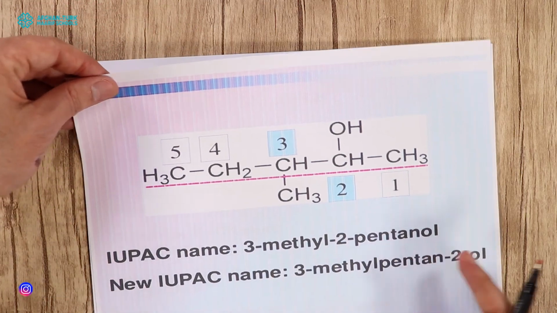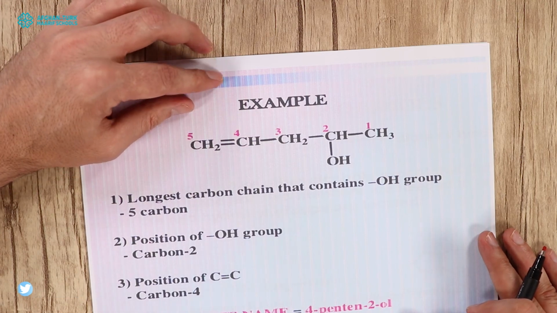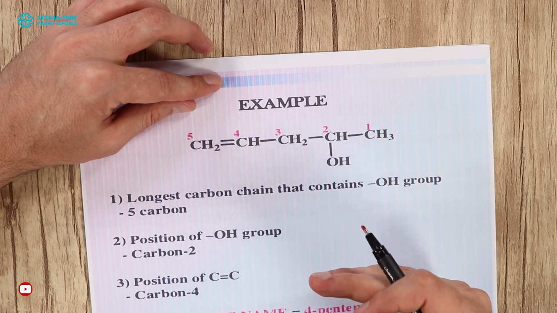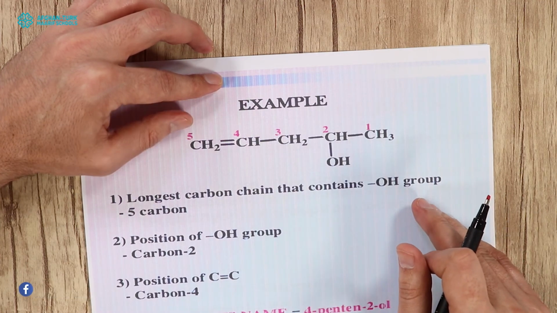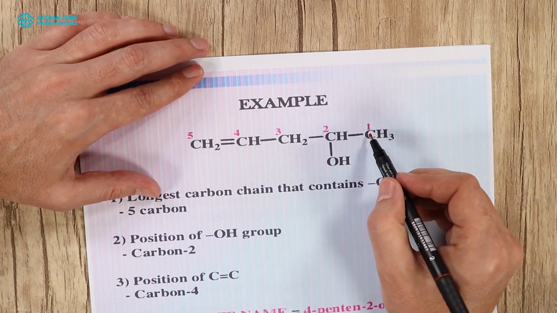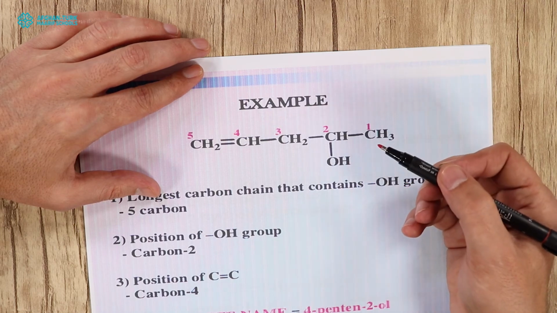will be their name. Next one here, those examples in which you have a double bond as well as an OH group over there, how can I give the name to it? It is very easy. You can see it here that this example is, so if someone asks you to give the IUPAC name to it, how will you give the IUPAC name to it?